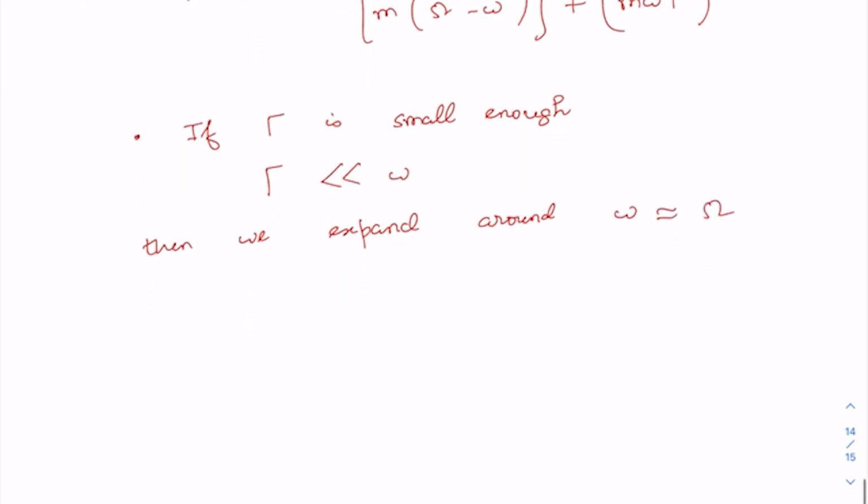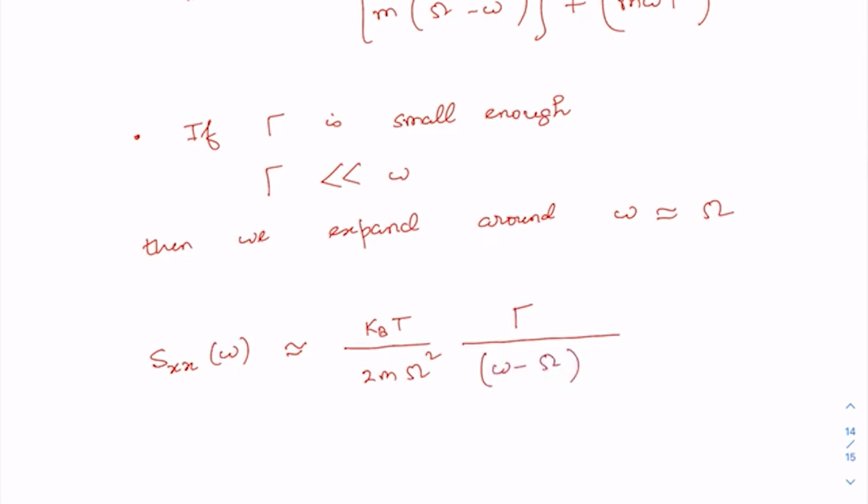The expression for the noise spectrum can then be simplified very easily, so I'm leaving it to you to do it. Otherwise we will do it in a problem solving session. So we'll have kBT divided by twice m omega squared, times gamma divided by (omega minus capital Omega) whole squared plus (gamma by 2) whole squared.